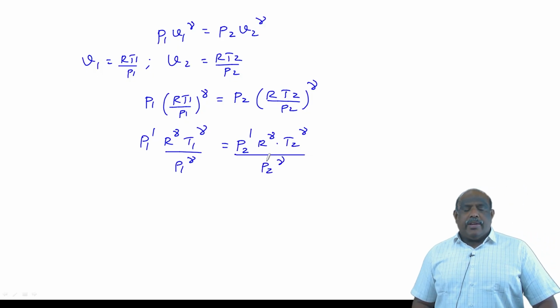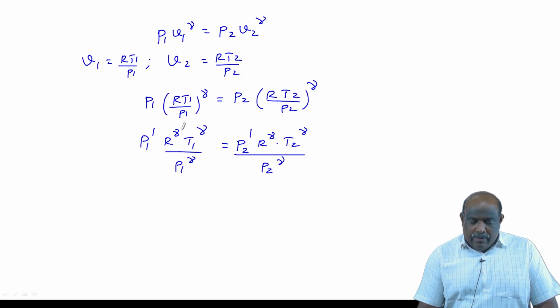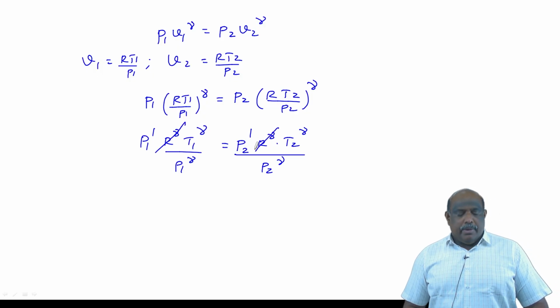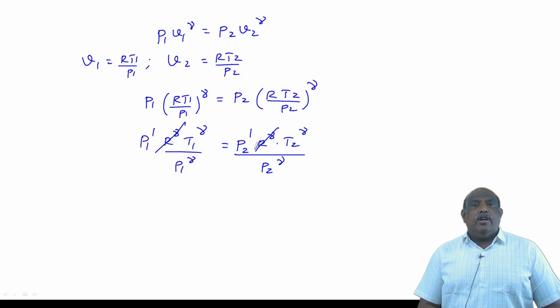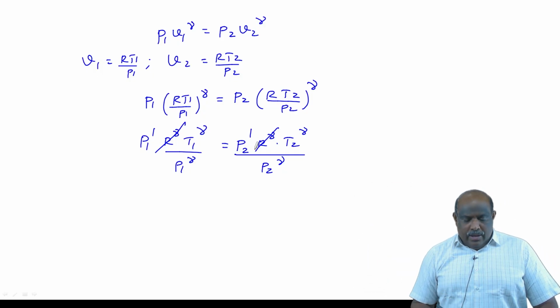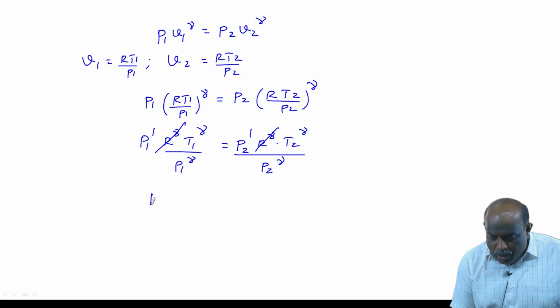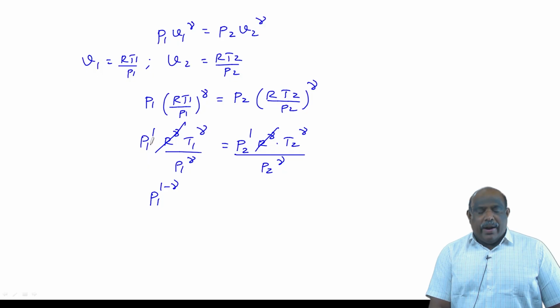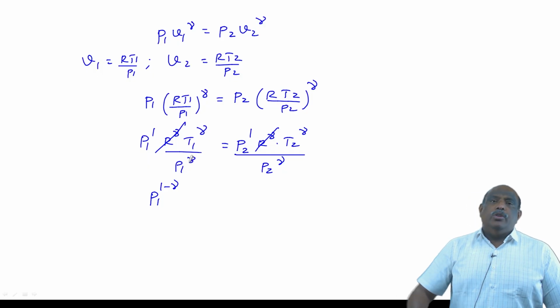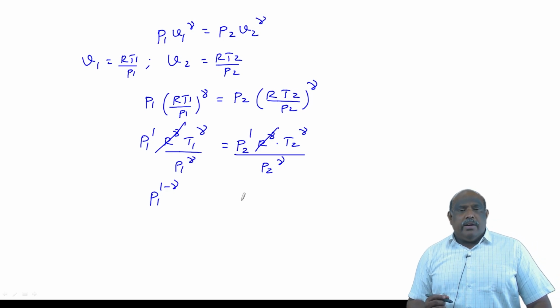In this equation, what can we strike off? Yes, we can strike off R power gamma and R power gamma. Now, this P1 is there in the numerator as well as the denominator. I will repeat once again. Here there is P1 power 1 in the numerator, and in the denominator is P1 power gamma. When I take this P1 power gamma to the numerator, the plus gamma will become minus gamma.